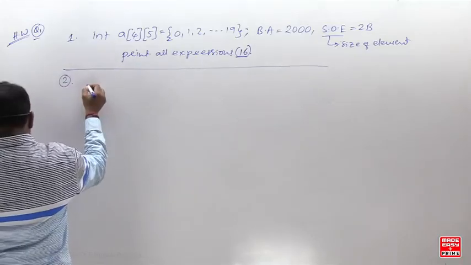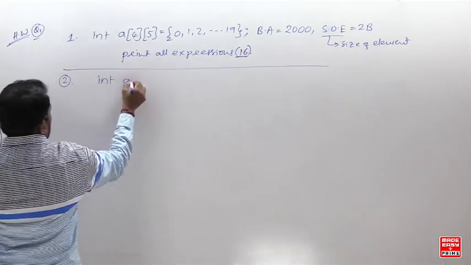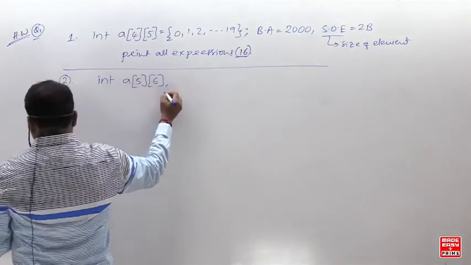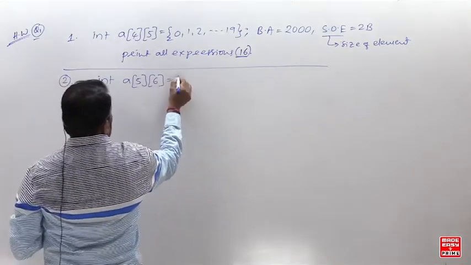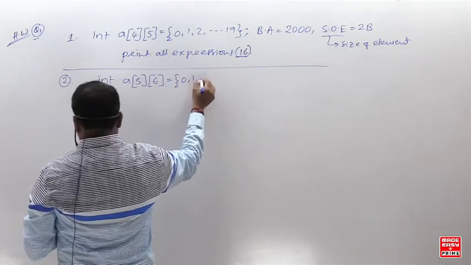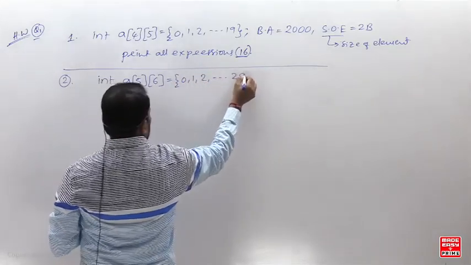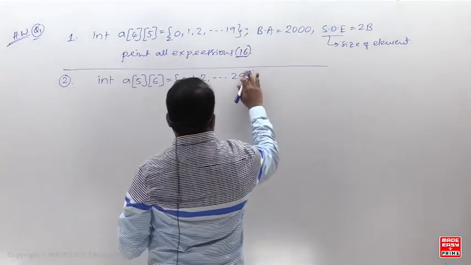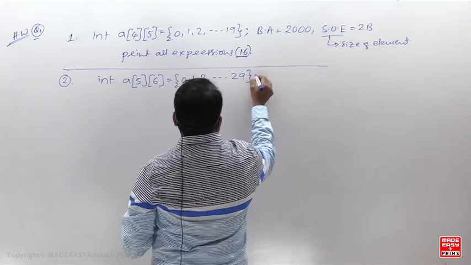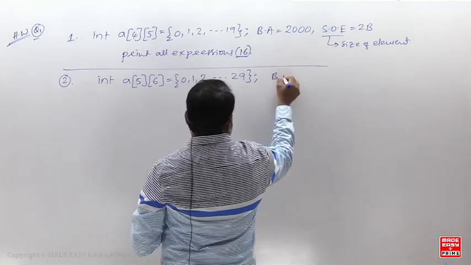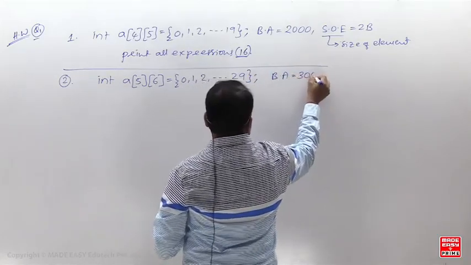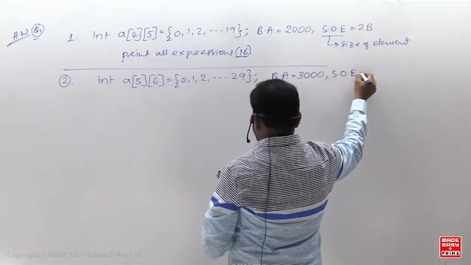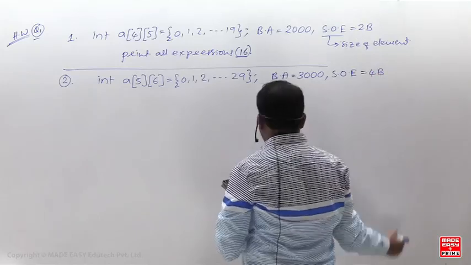Second one: int a[5][6], indexed 0 to 29. Base address is 3000. Size of the element is 4 bytes.